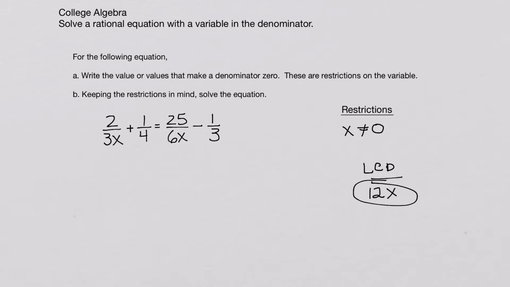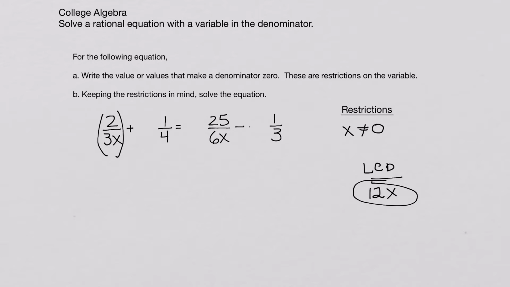Okay, so I'm going to spread my terms out. Let's see, leave a little space. So when you're setting this up, especially when you have rational expressions, it's nice to leave space between your terms, and that leaves you room to manipulate.